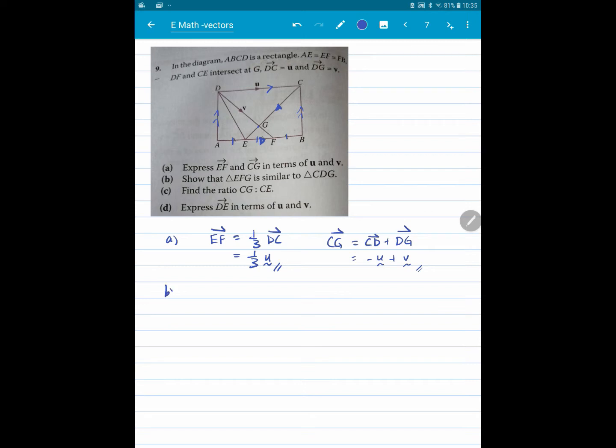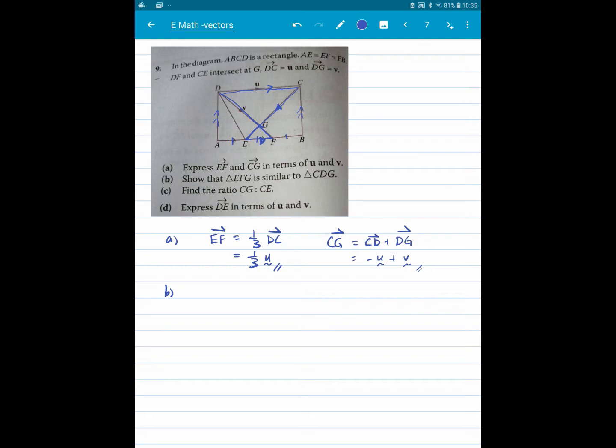Part B, we are asked to show that triangle EFG is similar to triangle CDG. Let's mark it out and see how do we find the rules of similarity. Since we are given angles, the sides are not known, so most likely we're going to use our AA similarity rule to prove that these two triangles are similar.